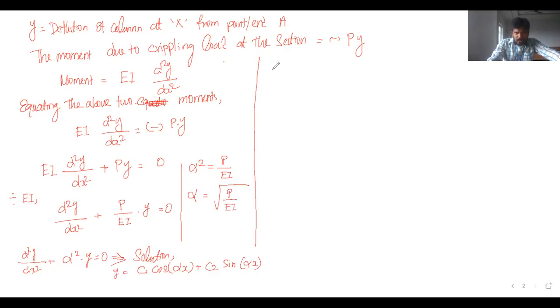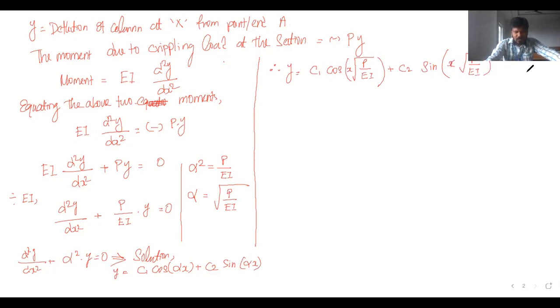Therefore the equation y becomes c1 into cos of root under P by EI into x, plus c2 into sin of root under P by EI into x.